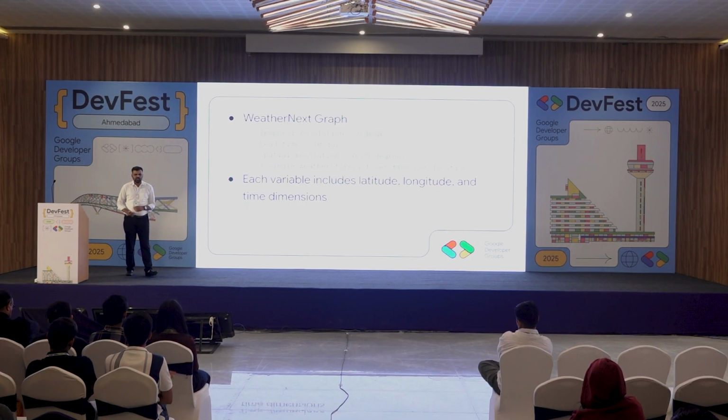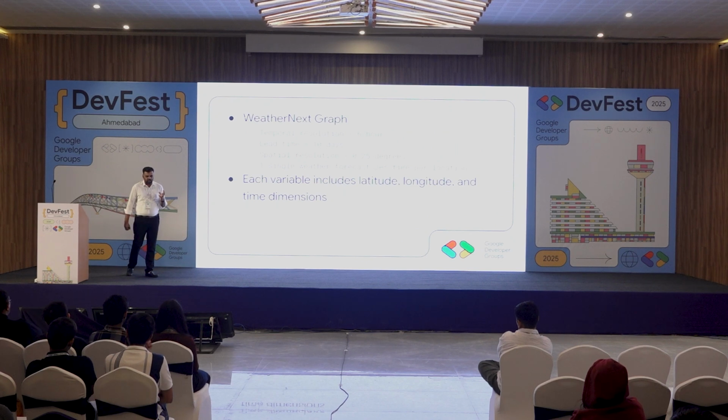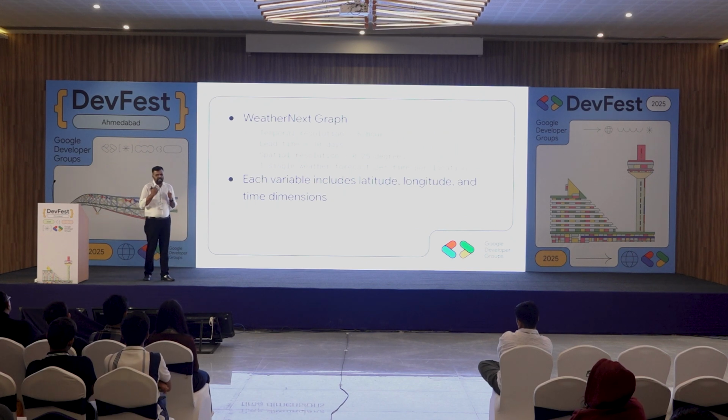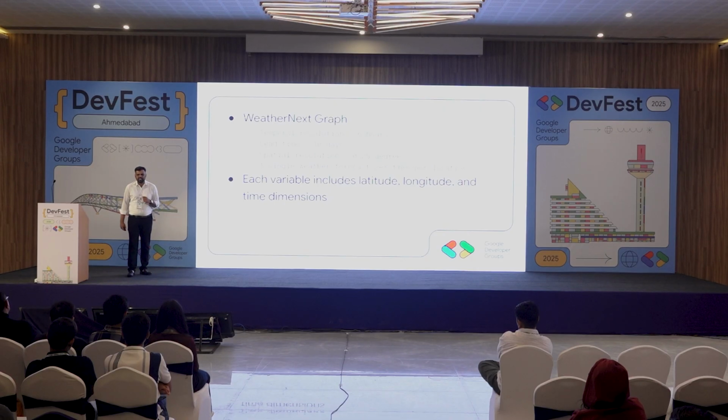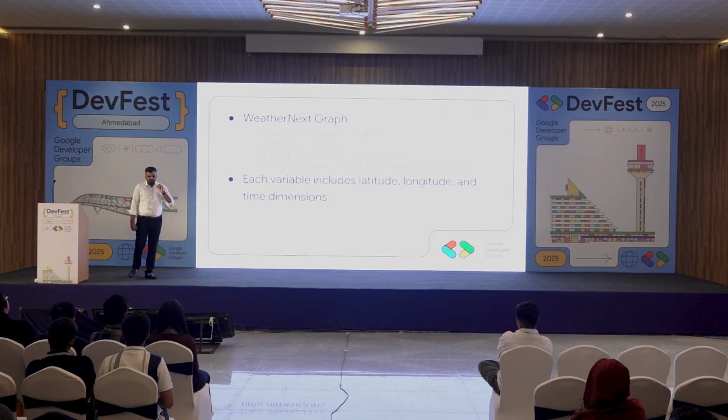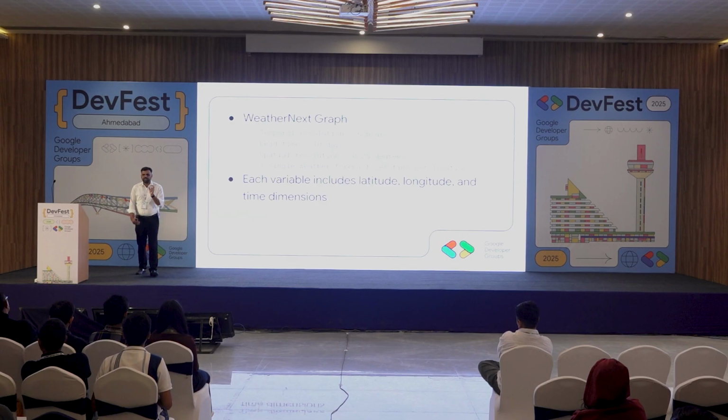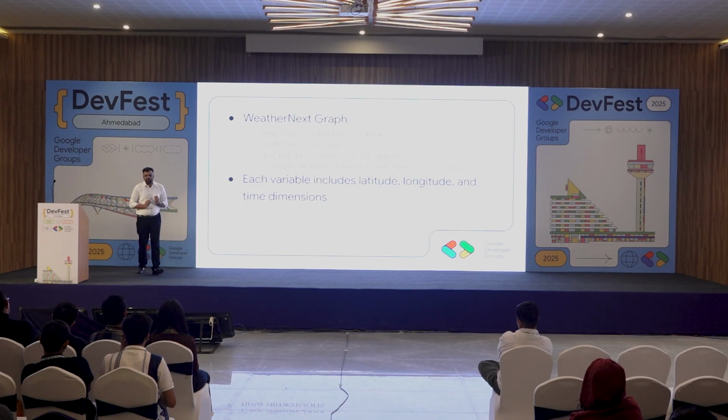What does it mean? On our Earth, we have latitude and longitude. If we consider one degree of latitude, we divide it, so data is available for every 0.25 at the latitude level as well as the longitude level.